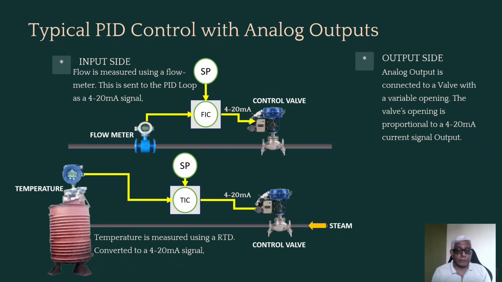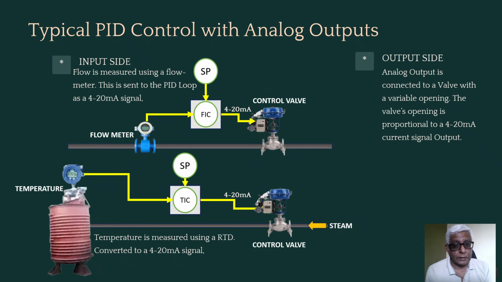One is a simple flow control, where a flow meter is measuring the flow and a control valve is regulating it. That is in the upper diagram. In the lower diagram you see an industrial process vessel being heated with steam.